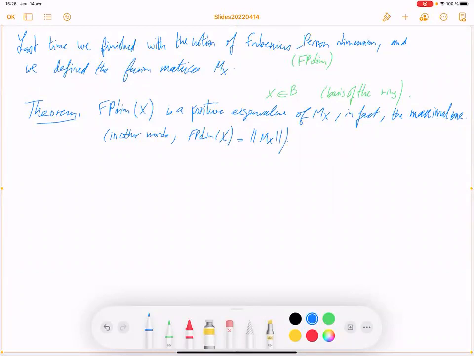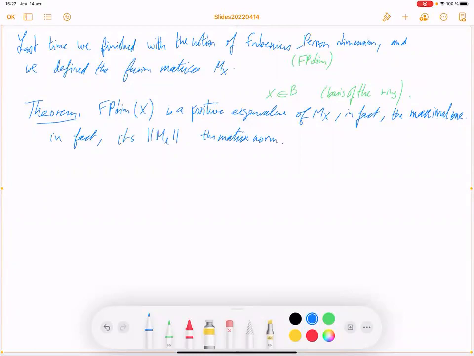Anyway, in fact, for this matrix norm. Okay.